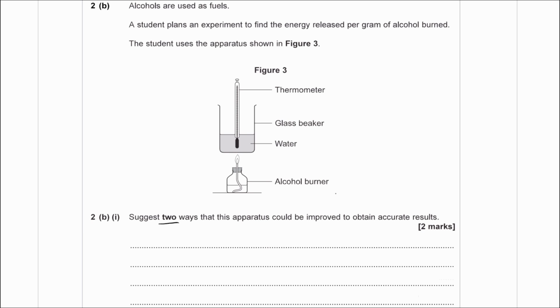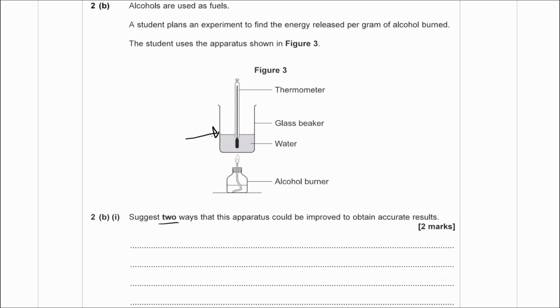Now, there are a fair few things that this student has clearly done wrong. The first one is the glass beaker. We don't use a glass beaker in experiments like this because we're trying to heat the water up. Therefore, we need something which is a good conductor, and a good conductor is, of course, going to be a metal container. So rather than a glass beaker, we're going to use a metal calorimeter.